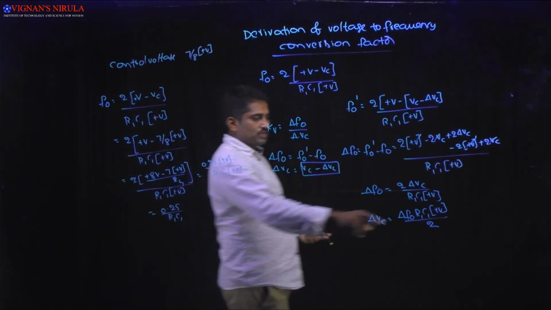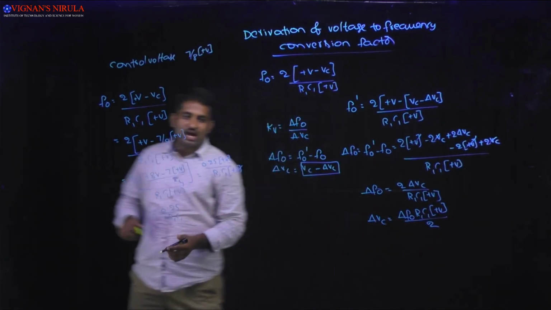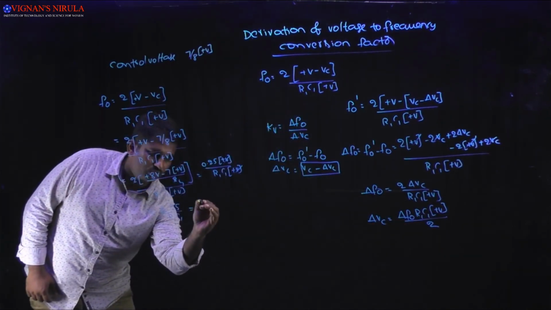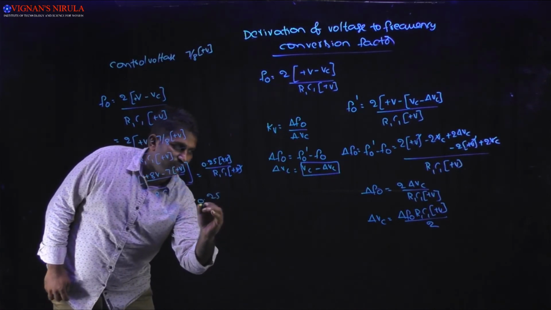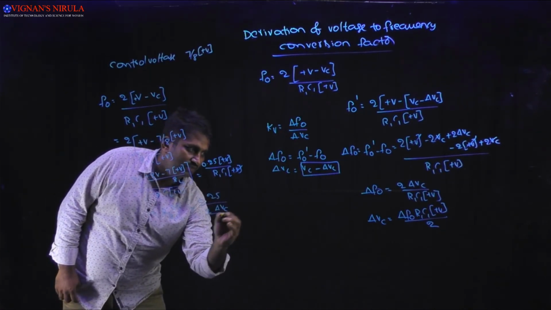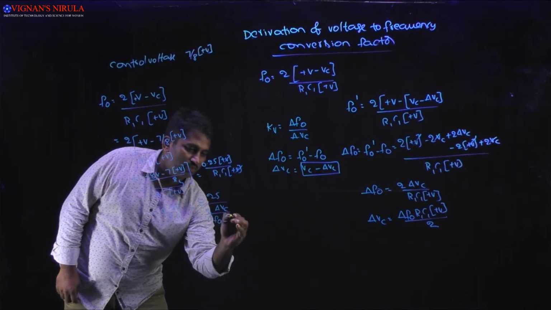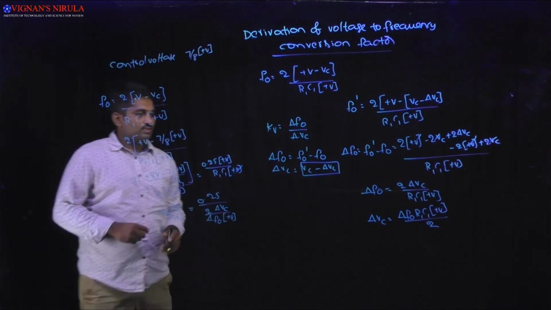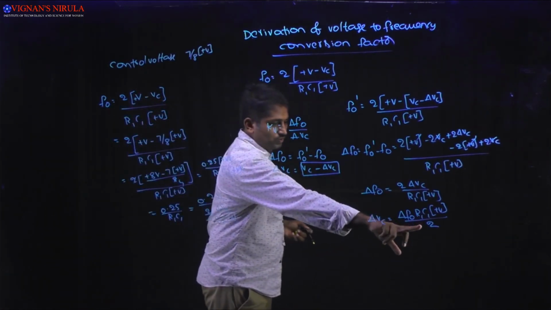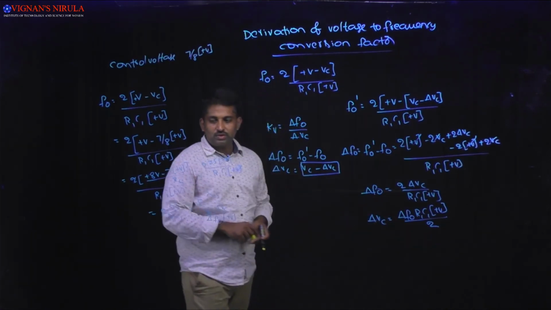From this expression write down R1 into C1. That will be equal to 0.25 divided by 2 into delta Vc divided by delta F naught into +V.